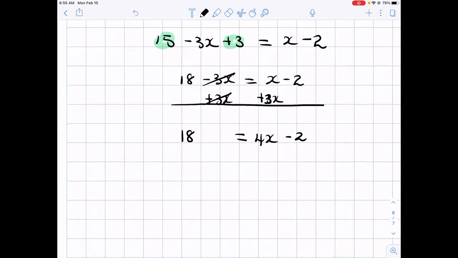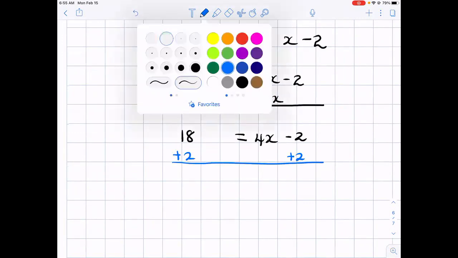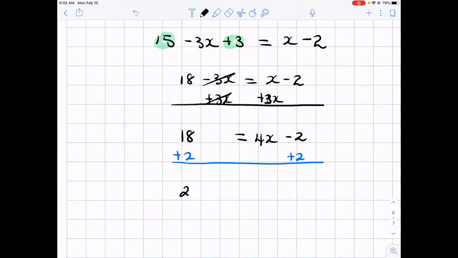Now I'm going to add 2 to both sides, and by doing this, 18 plus 2 is 20, equal to 4x.